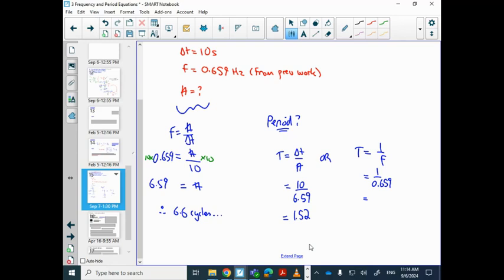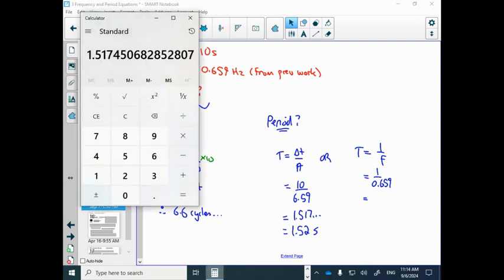I'll do my trick of 1.517 dot, dot, dot, just to give an idea of what we had, and then we're rounding to that, so that's that many seconds. And then what if I did 1 divided by 0.659? Hopefully we're going to get the same thing since we're calculating the same concept.